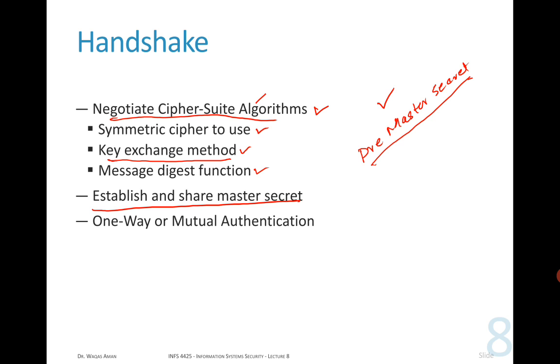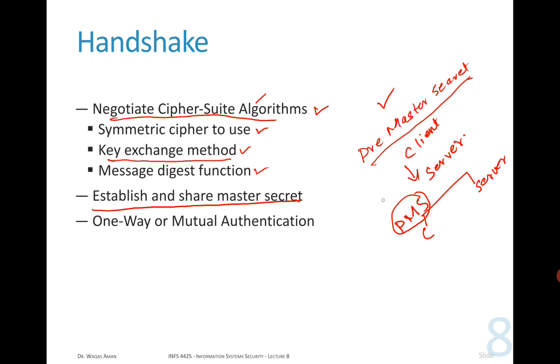This is created by the client always, and then later shared with the server using the SSL protocol. Using this pre-master secret, when they both have a copy of this common secret, both the client and the server make use of it to create further keys. Further keys for what? For encryption, for authentication, for message digest, for the HMAC.